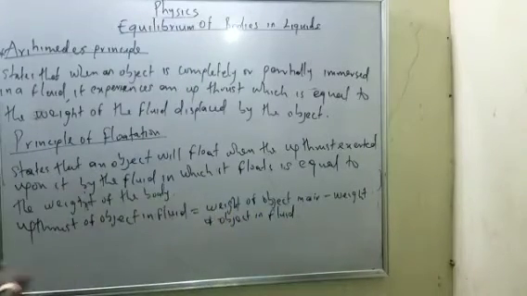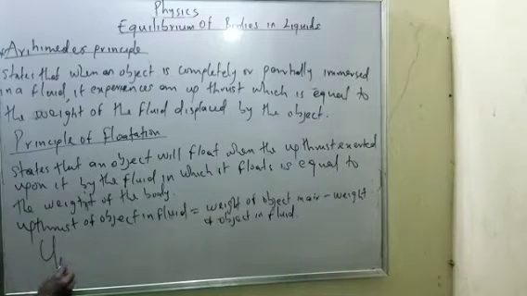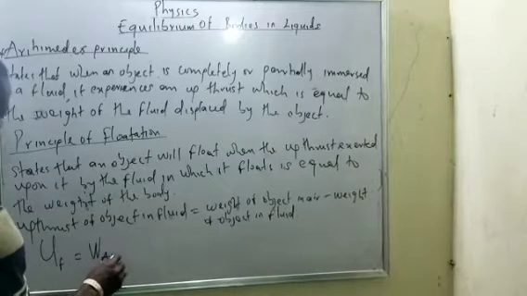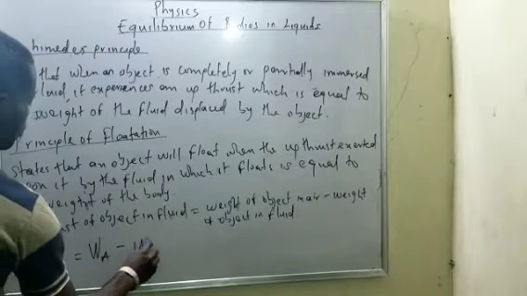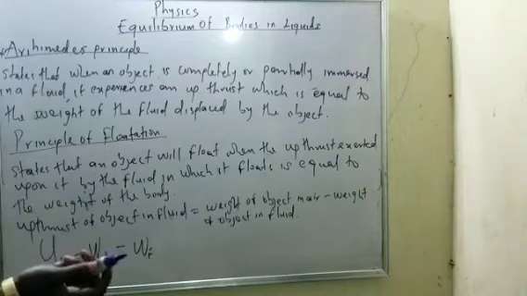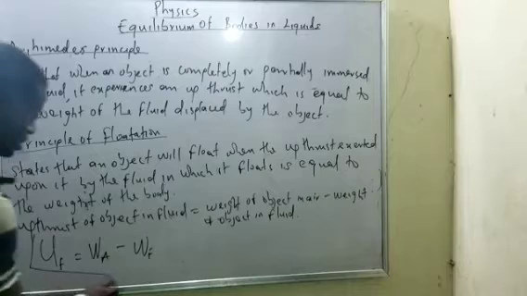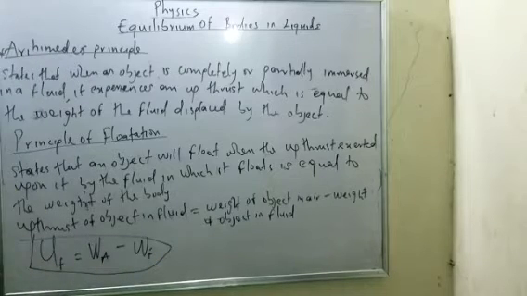These are the things that we need to find. It means U of F equals W of A minus W of F. I just decided to denote it that way so that you can see it.